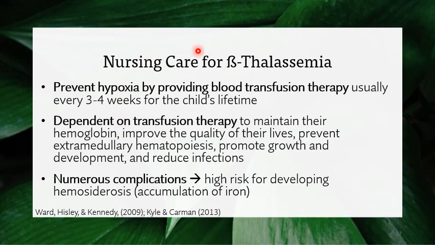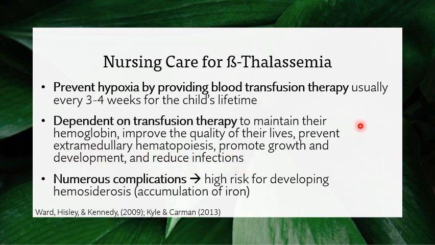As nurses providing nursing care, we can prevent hypoxia by providing blood transfusion therapy, usually every 3 to 4 weeks for the child's lifetime. The child will be dependent on transfusion therapy to maintain their hemoglobin, improve their quality of life, prevent extramedullary hematopoiesis, promote growth and development, and reduce infection.